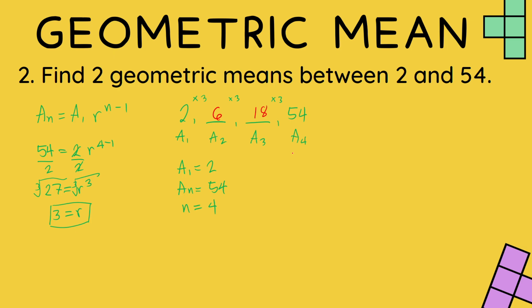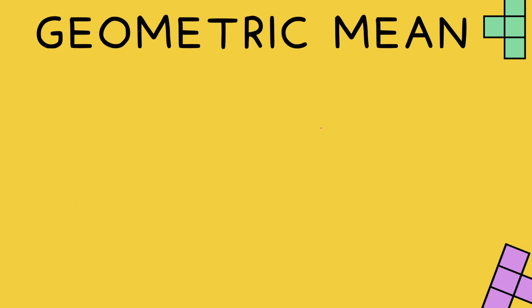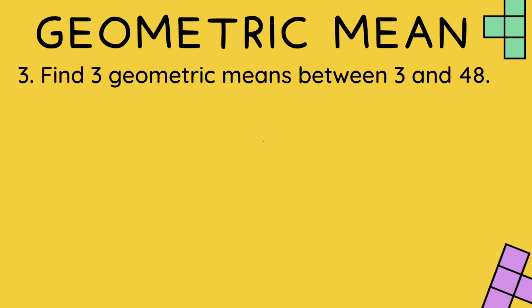So let's have our last example before our exercises. So example number 3. So here, do not forget to write down our formula. A sub 1 r to the n minus 1. So we know that the extremes are 3.